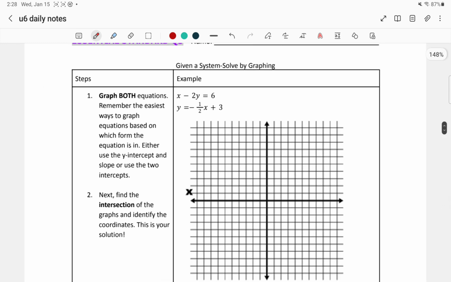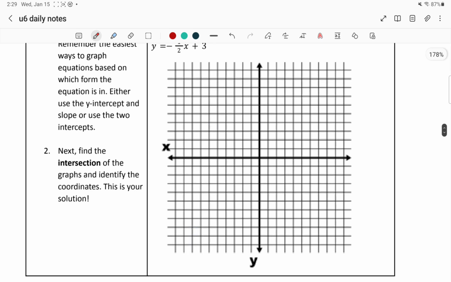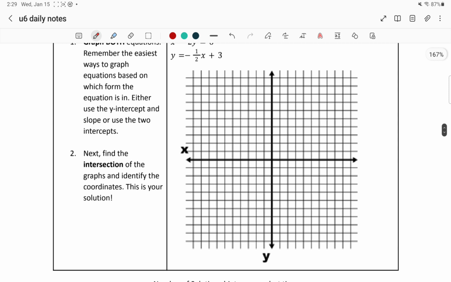Now, solving by graphing. This is awesome because we know how to do this. Okay, we've been doing this for a while now. We need to graph both equations on the same graph, okay? Remember, the easiest way to graph equations is based on which form it's in.